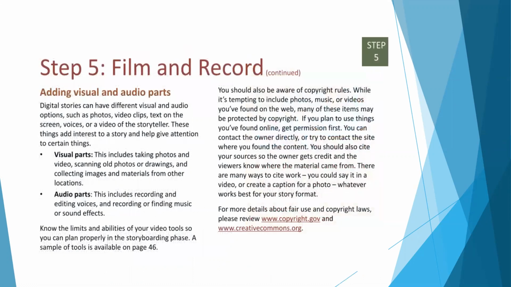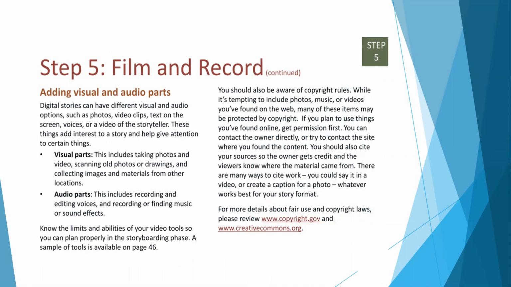Okay, so when you are editing and putting everything together in software programs, the types of which we will discuss later, you would like to add some visuals and audio parts together. First of all, you should know that the components of a digital story are divided into visual and audio parts.